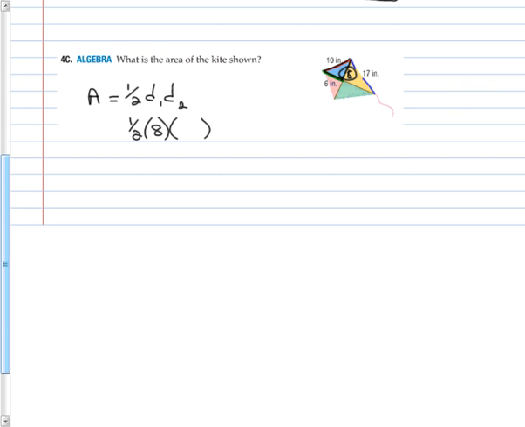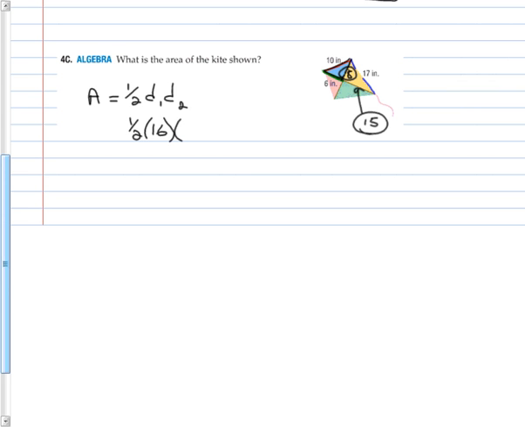How am I going to get my second diagonal? 8, 15, 17. Why do we need to change that 8 to a 16? I need the whole diagonal, not half the diagonal.